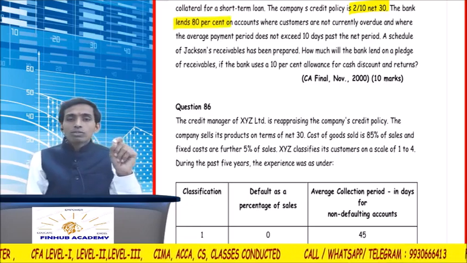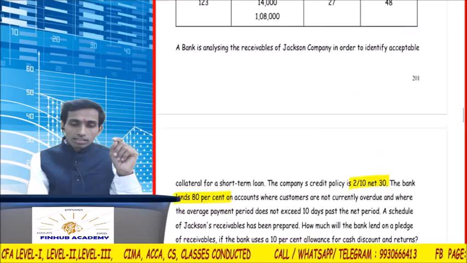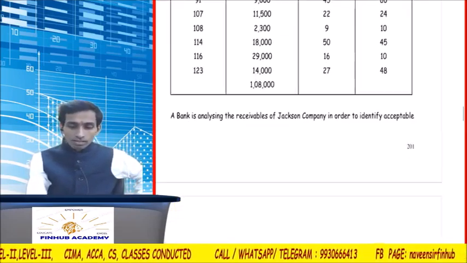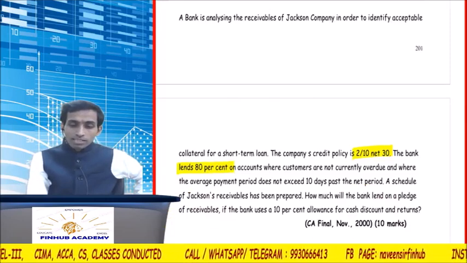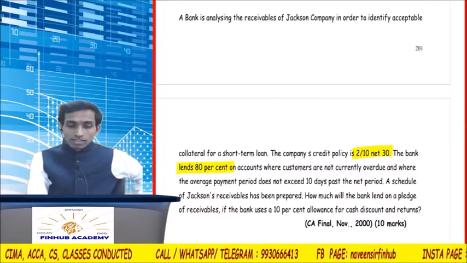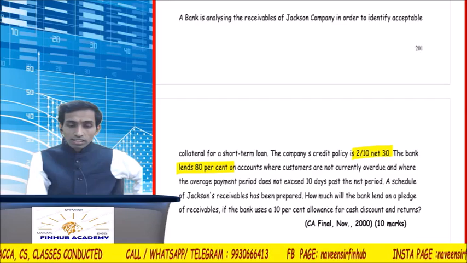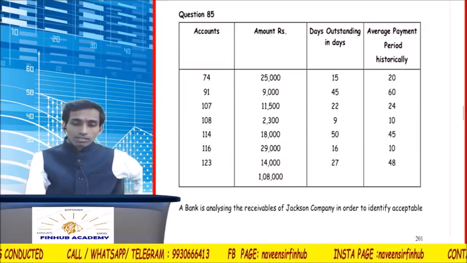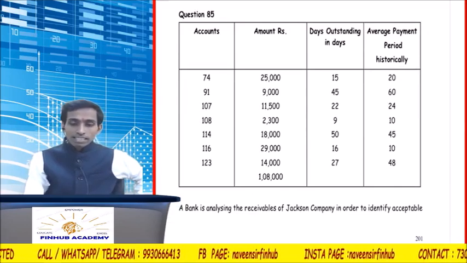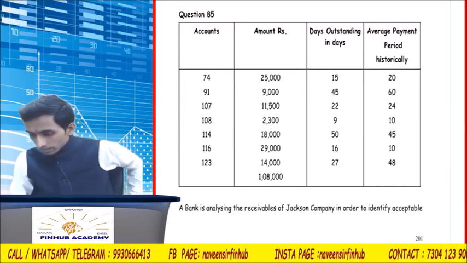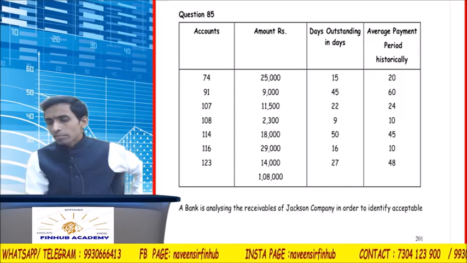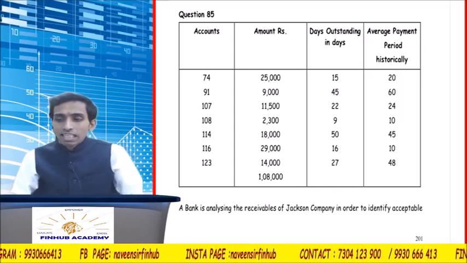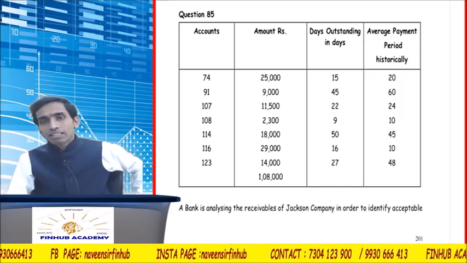What they mean to say, see here, coming back to the table: where the customers are not currently overdue and where the average payment does not exceed 10 days past their credit period. See, now you tell me, in this, credit period is how many days?